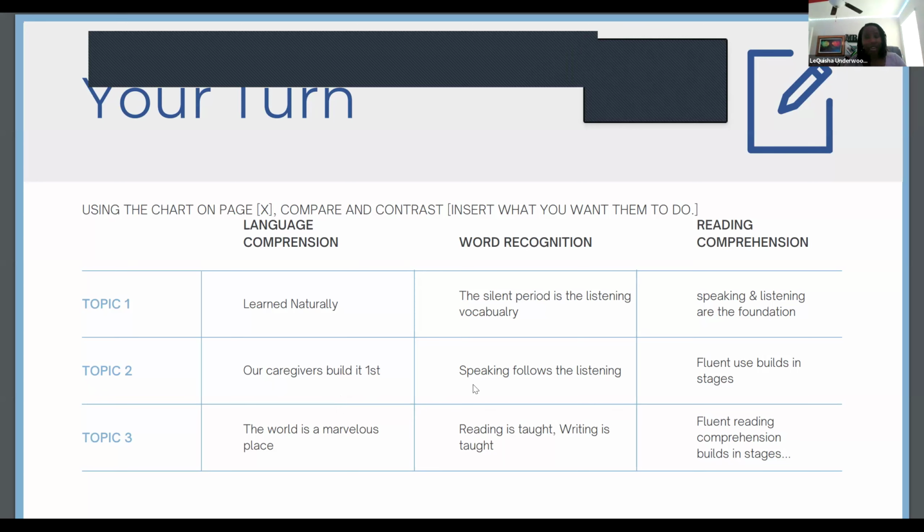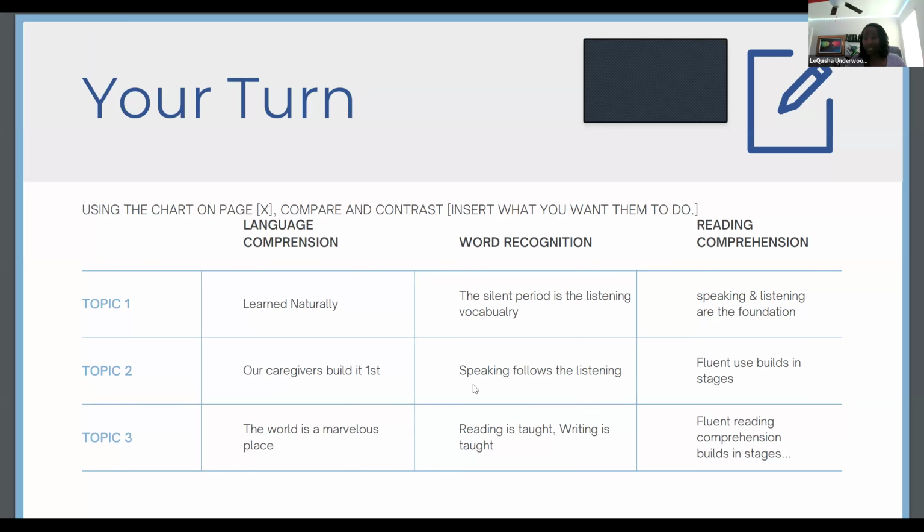Reading and writing in terms of word recognition must be taught. They are not developed naturally like listening and speaking. Reading must be taught. So speaking and listening are the background foundation to reading comprehension. We need to build the first two so that we can eventually become fluent in reading and then in writing.